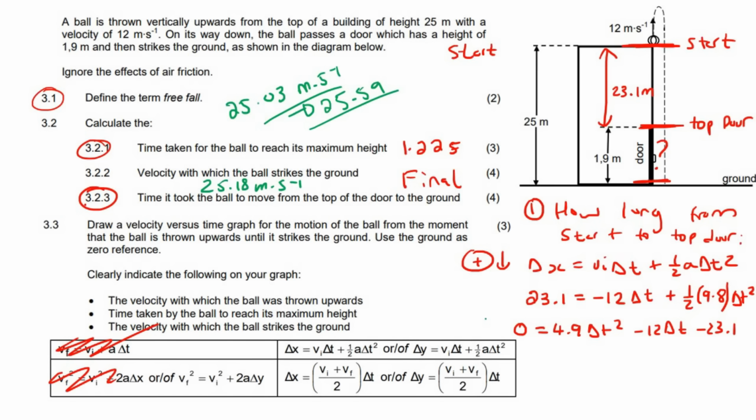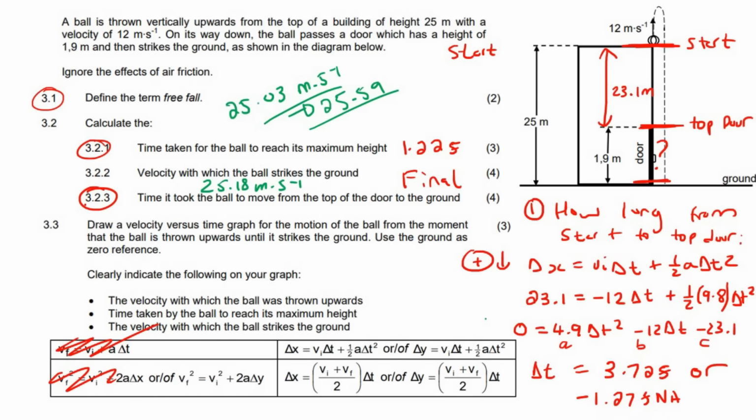Now you're just going to use your quadratic formula, where this will be your A value, here's your B, here's your C. If you work this out, you'll get two answers: 3.72 seconds, or a negative. Of course, we can't have a negative, but we'll write it down anyways and just say NA for that one.